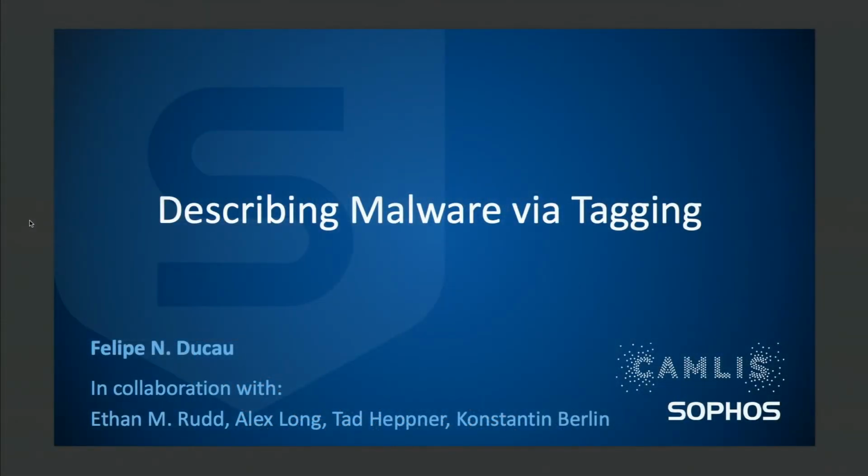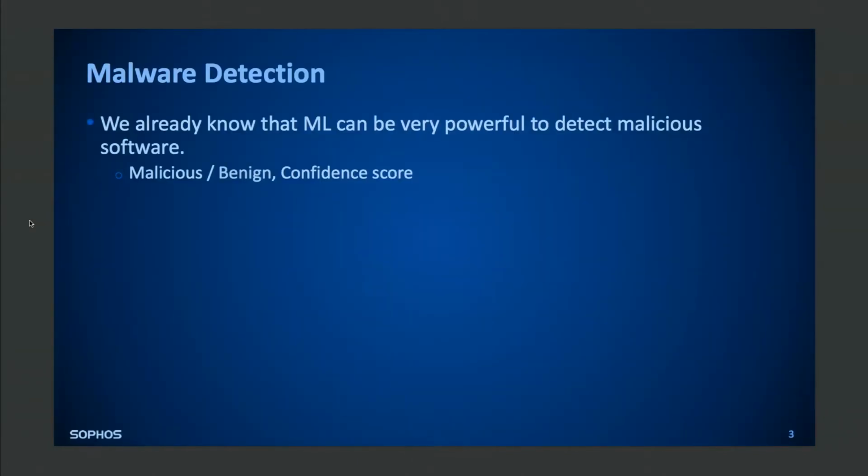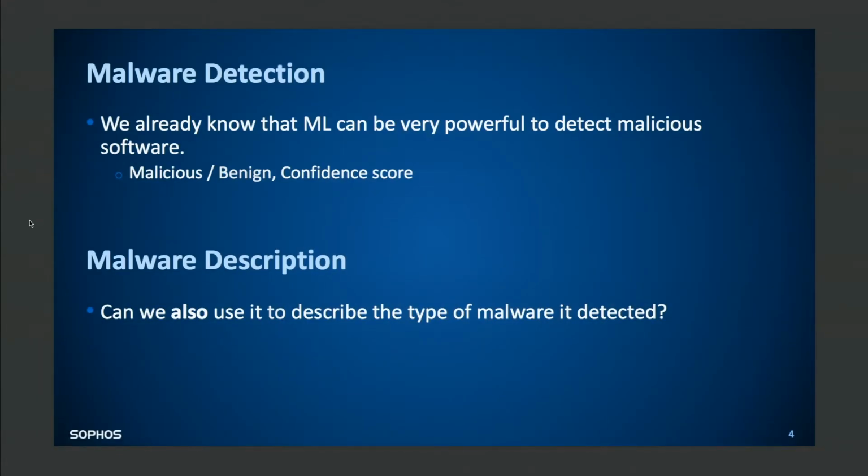This is work we did at Sophos AI in collaboration with Ethan Root, Alex Long, Tad Hapner, and Konstantin Berlin. It's a problem that I've been interested in for some time already. We know that we can train deep neural networks to identify malicious from benign samples. Now the question is, can we go one step further and not only report if something is malicious or benign, with a confidence score, but also try to explain what kind of maliciousness we've found in the binary file?